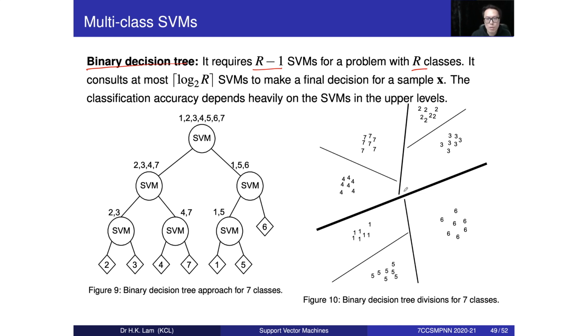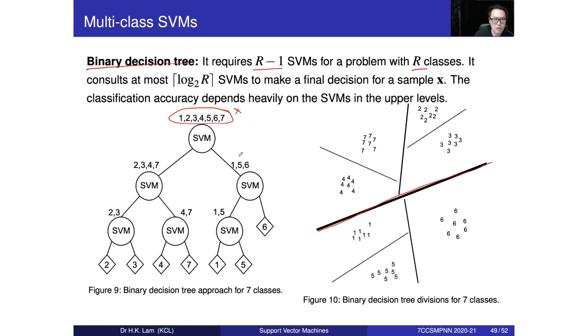Now, this is the problem we have. We have 7 cases, so the first SVM just checks all possible X. This is X. When this X gets into the SVM, this is the hyperplane right here. It just tells you whether X belongs to 1, 5, 6.